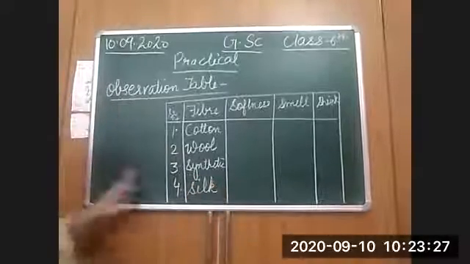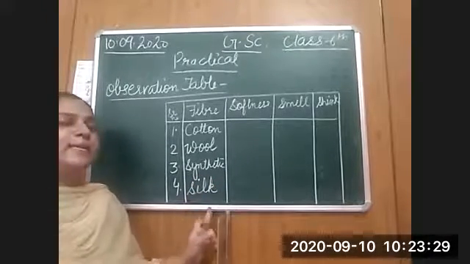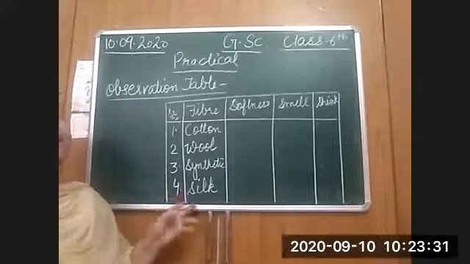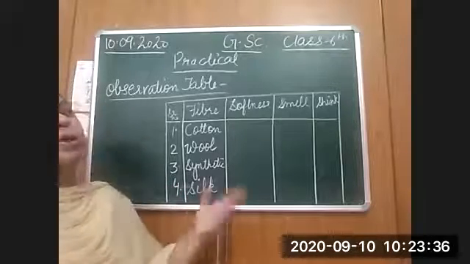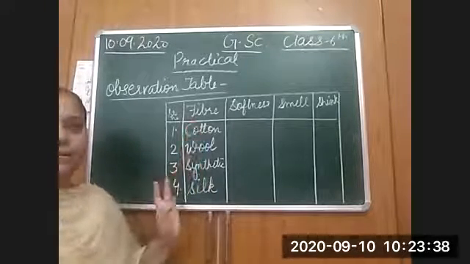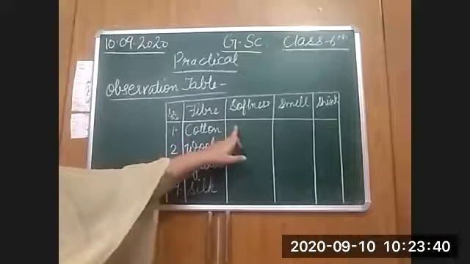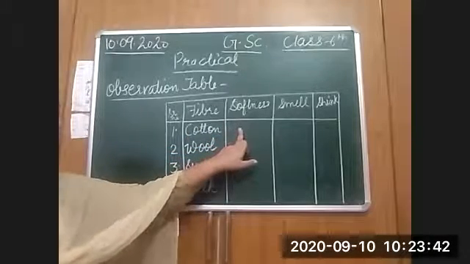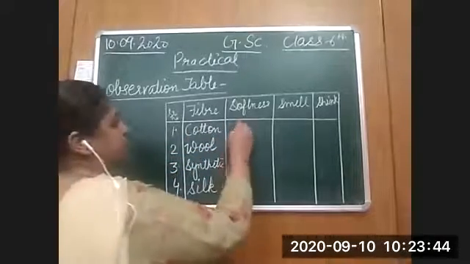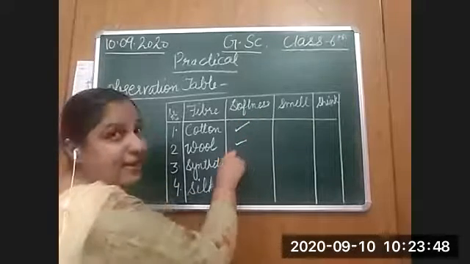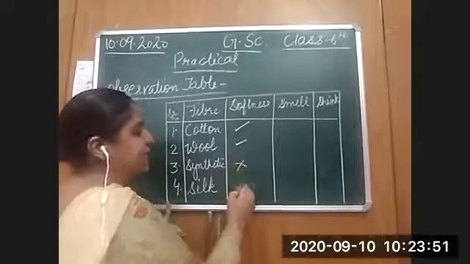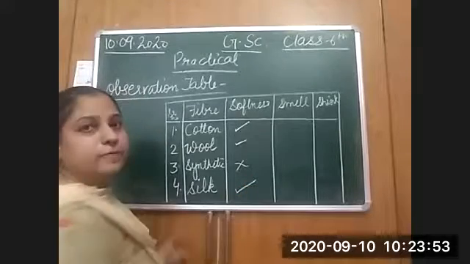Right? This is optional. Again, I am saying silk. Taking silk thread is optional. If it is not available at home, it's okay. Just do it with 3. Right? So, what you feel when you touch cotton? It is soft. Wool is also soft. Synthetic, not soft. Silk is very soft.